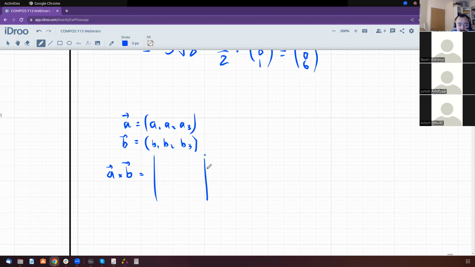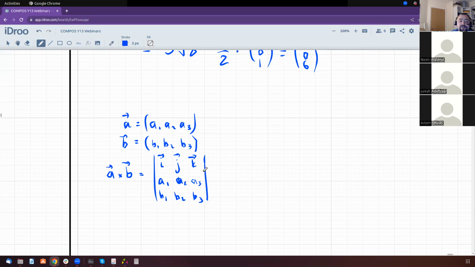So next assignment is going to be matrices. And here we have vector i, vector j, these are unit vectors, and vector k. And here we have a1, a2, a3, b1, b2, b3. It's the determinant of the matrix.